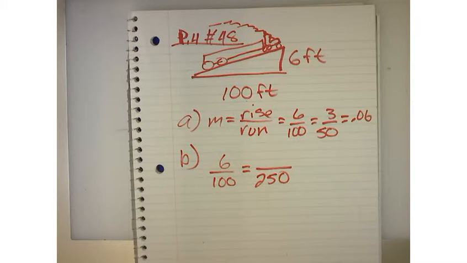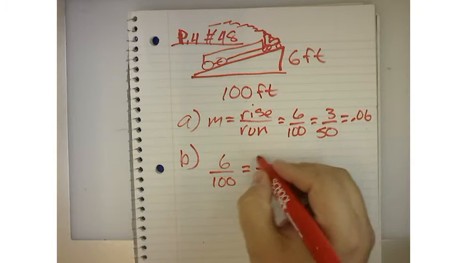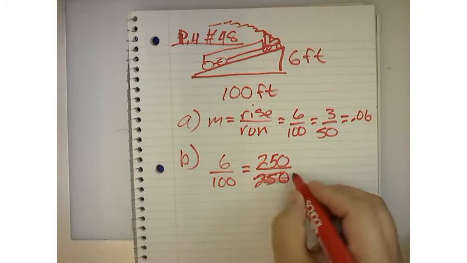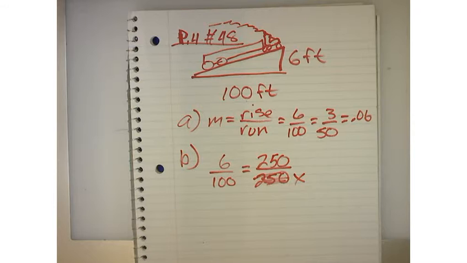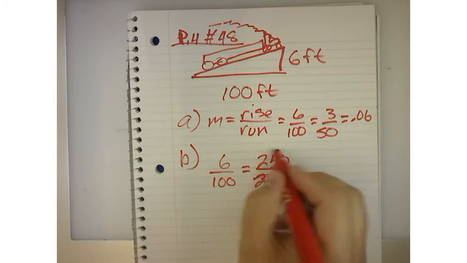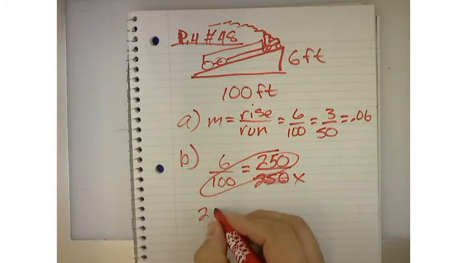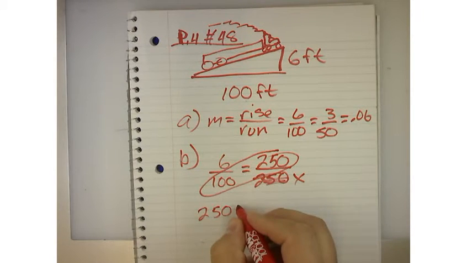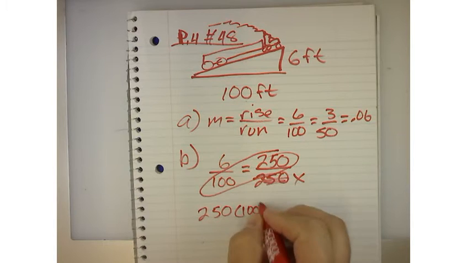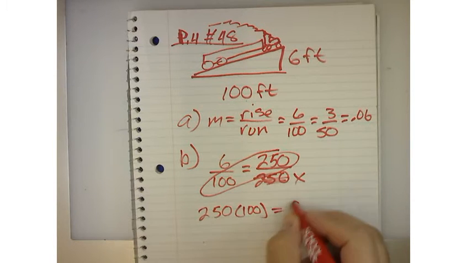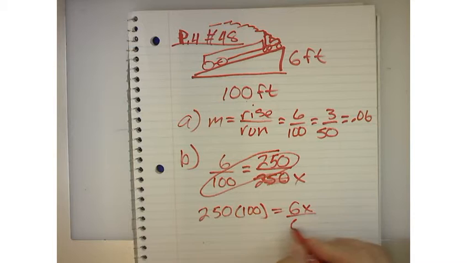Oh no, it said climb 250. So the 250 goes on top, right? Because it's the rise over run. How do I solve this? Cross multiply. Now you could create an equation of the line and all that stuff. I'll show you that they're the same, but I'm going to say 250 times 100 is equal to 6x, and so we divide both sides by 6.